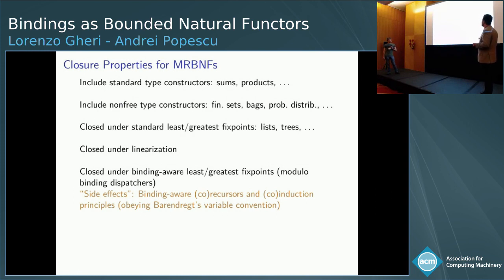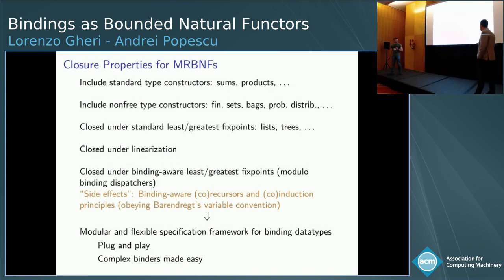And more importantly, they are closed under binding-relevant operators, such as the linearization operator, and also binding-aware least and greatest fixed points, which come with these high-level definition and reasoning principles. Which means that we can define complex binders in a modular way. Okay, give me an example if we still have time.